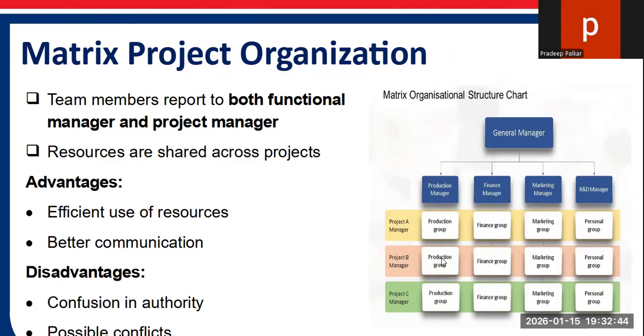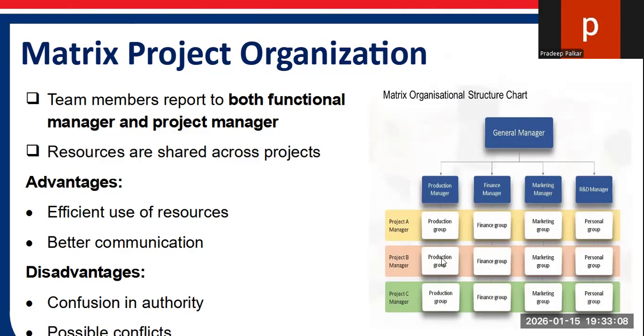And what are the best characteristics of this type? Strong authority of the project manager, dedicated project team, clear responsibility and accountability. And what are the advantages? Faster decision making, that is the best advantage.